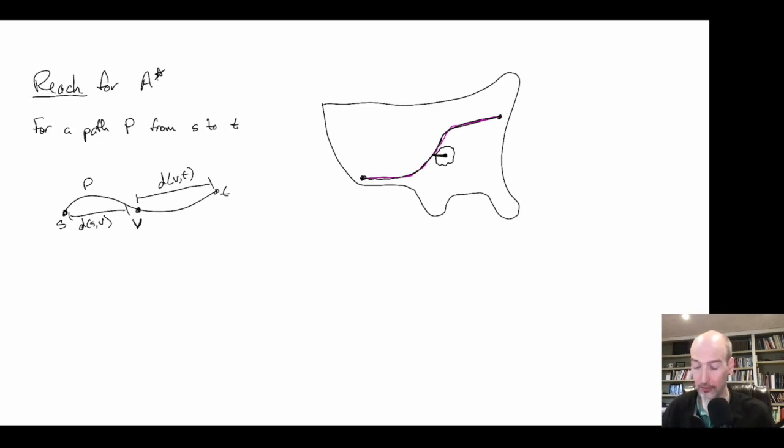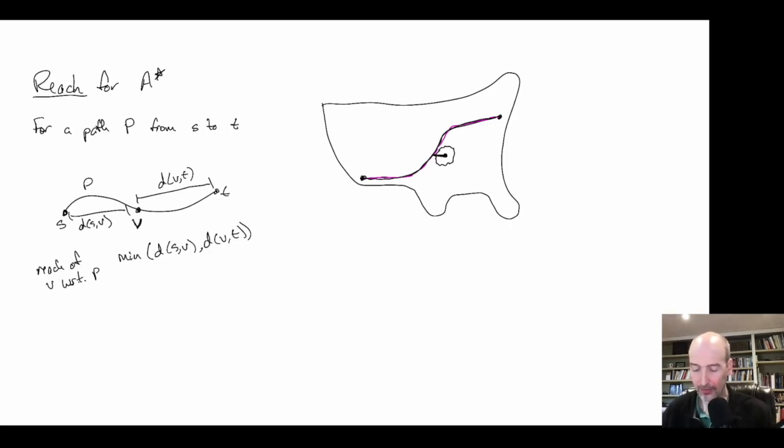How far is it going to take from V to get me to my goal or to T? And what I want to keep track of is what's the minimum of these values. So for V and a particular path P, we want the minimum of the distance from S to V and the distance from V to T. And then, so this is the reach of V with respect to P, a single path P.